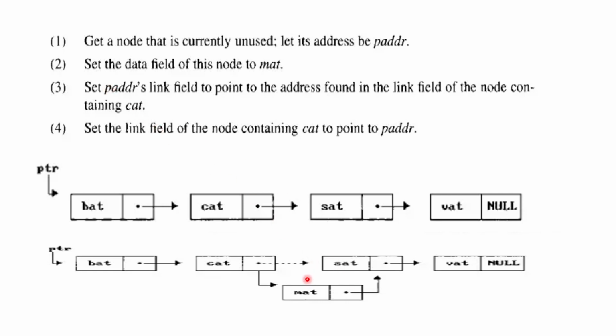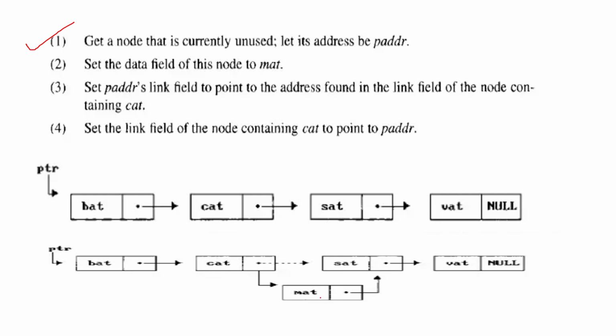The very first step is that I should acquire this particular node. Get a node which is not currently used by any program or any part of the process. So this is a free node acquired by calling the malloc or calloc function.